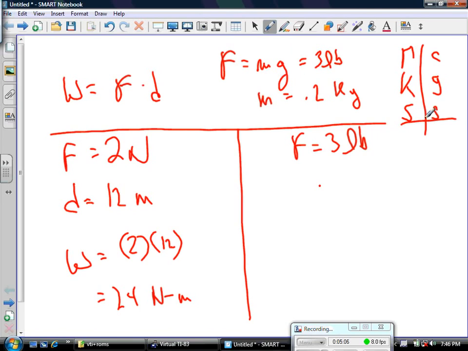I'm not in the metric system now. g is not 9.8 meters per second squared. g is now what? 32 feet per second squared, roughly. Rough figures, say 30. So if g is about 30, how do you get m? Divide 30 into 3 and you get 0.1. So now my mass is 0.1 slugs, believe it or not.